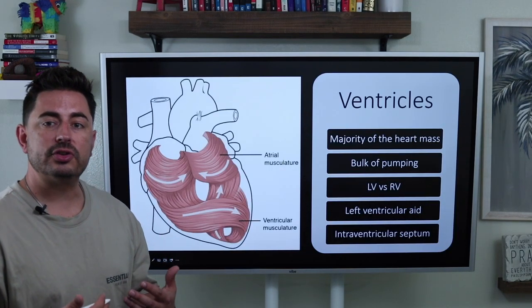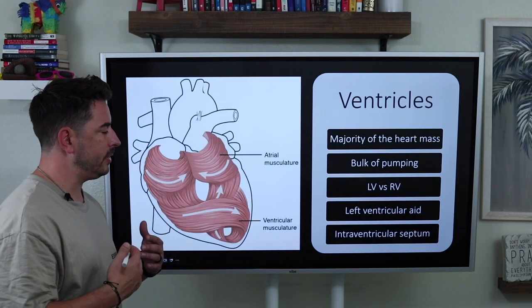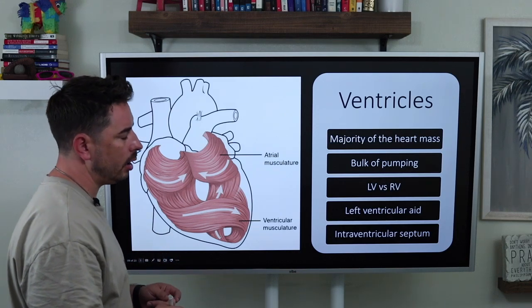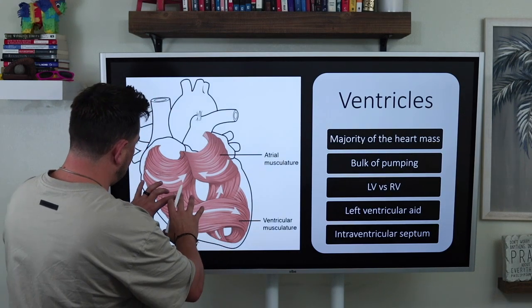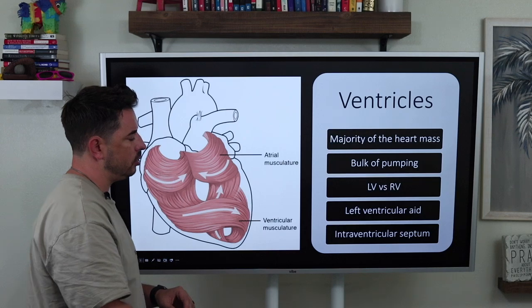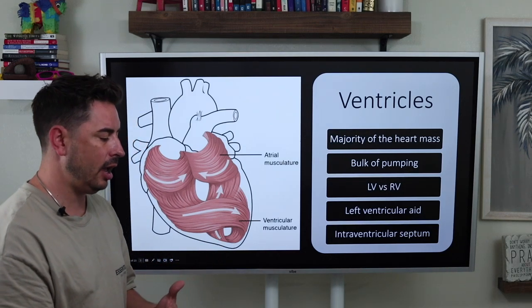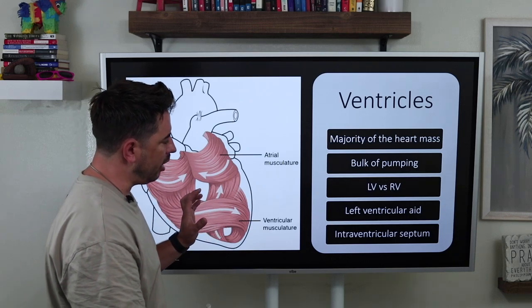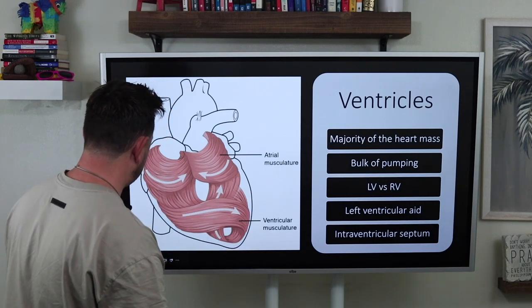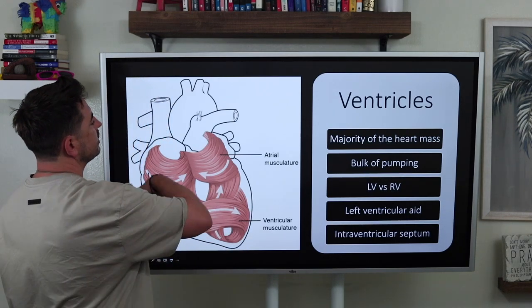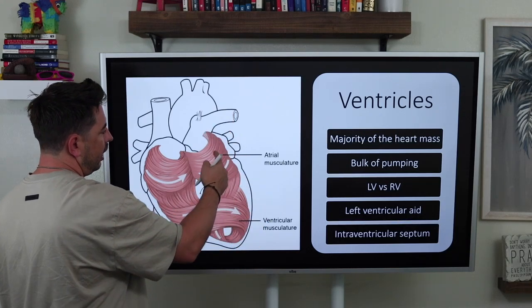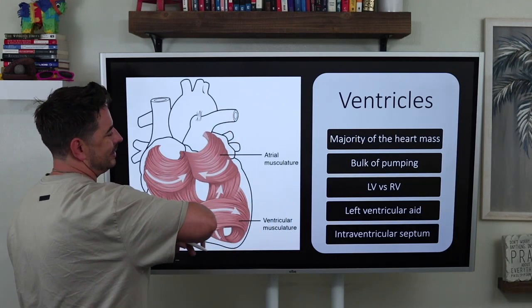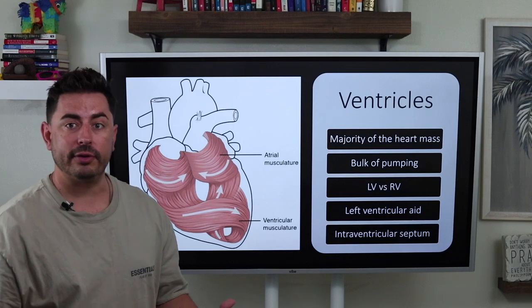When we look at the ventricles, they are the majority of the mass of the heart. So they take up the lion's share when it comes to how much mass they take up, and they're responsible for the bulk of pumping. They get blood from the right ventricle into the lungs. And then from the left ventricle, that left ventricle has to send blood all over the body.